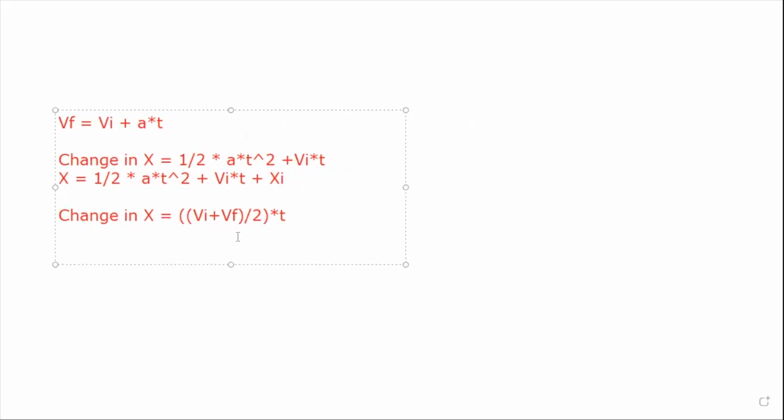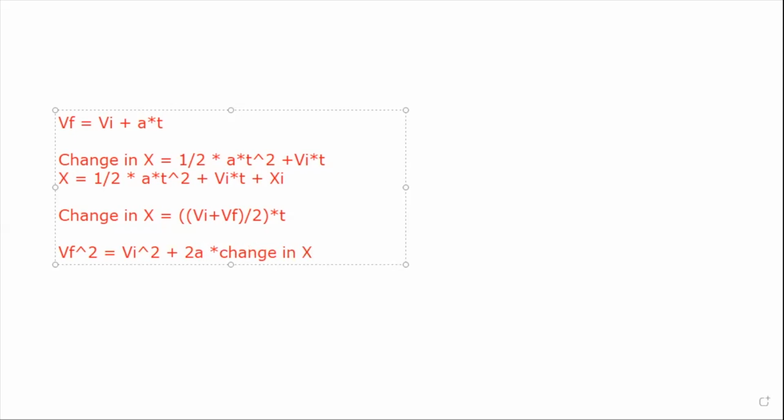Now, we also have a very cool and important one that doesn't involve time. All the ones you've seen so far have involved time. This one does not involve time. We're going to say that the final velocity squared is equal to the initial velocity squared plus 2 times the acceleration, multiplied by the change in x.